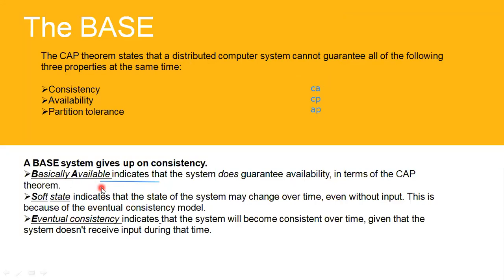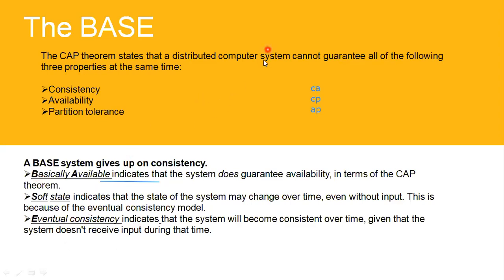Soft state indicates that the state of a system may change over time, even without any input. We have not provided any input, but the system state may change. This is because of the eventual consistency model. Eventual consistency indicates that the system will become consistent over time, given that the system doesn't receive input during that time.